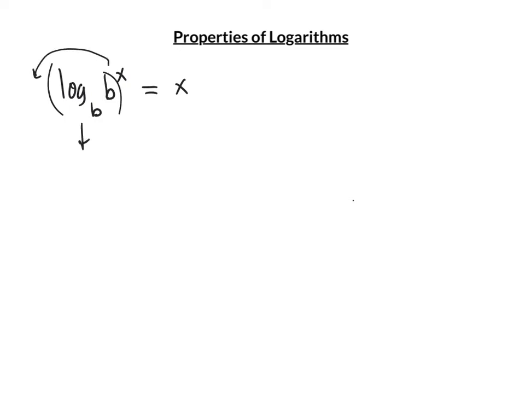Well, this would be x times the log base b of b. If I bring the x down, because I'm multiplying my exponents, take a look at this. This means that b to some power is b. Well, that would be 1. B to the first power would be b. This then is x times 1, which is x.